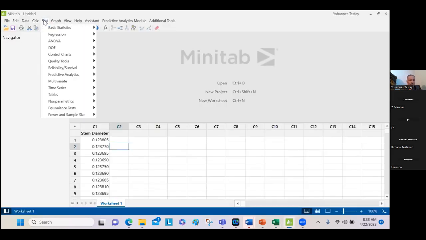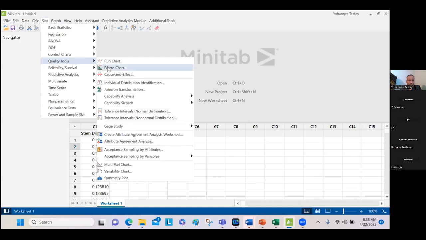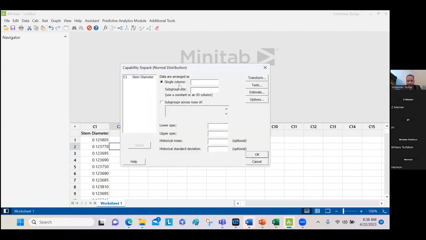So I'm going to go to Stat, Quality Tools, Capability Sixpack, Normal. I put the stem diameter. Group size is 1 because I just measure one measurement at a time, and this is 0.124.